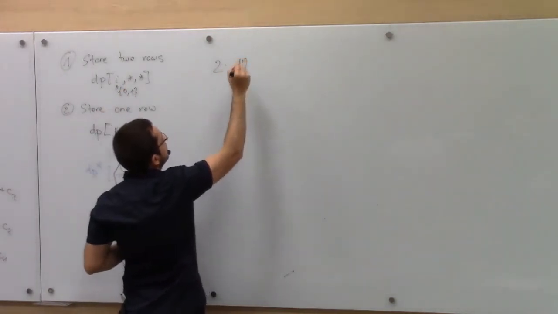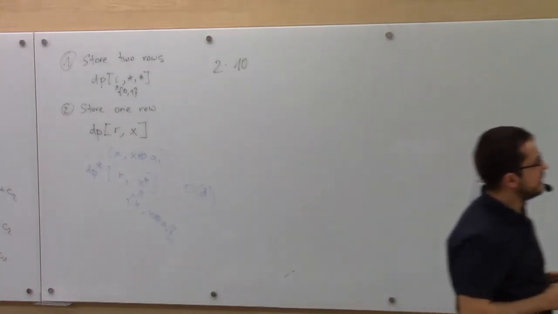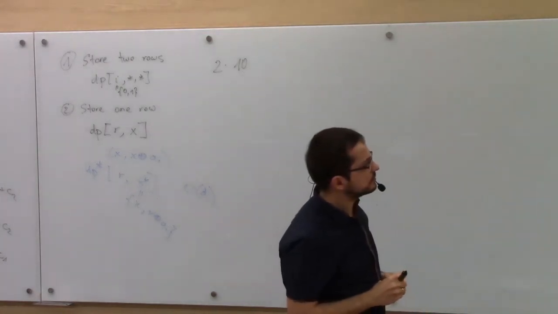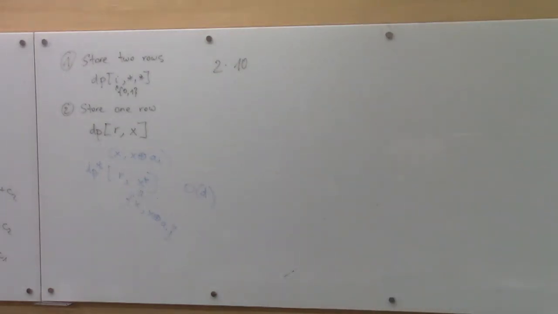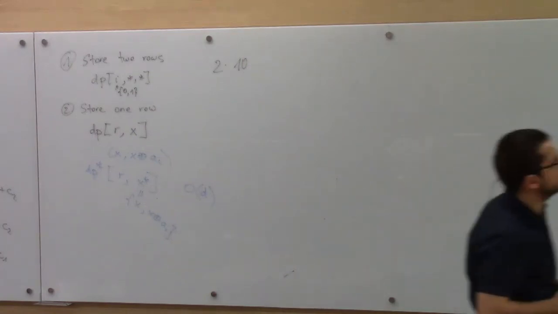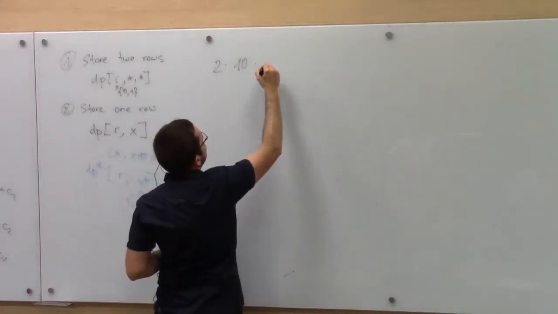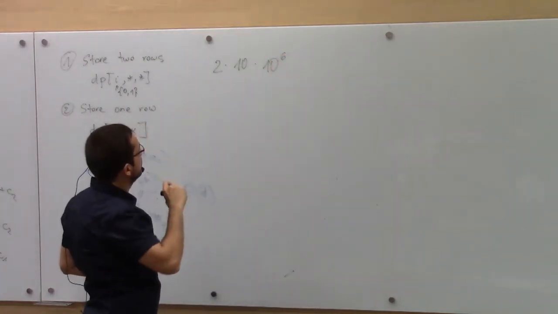Then we would have the power of 2, so we would need the memory to store the longest row. So it would be like 10 to the 6th.